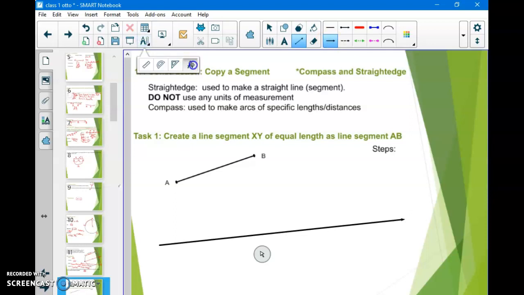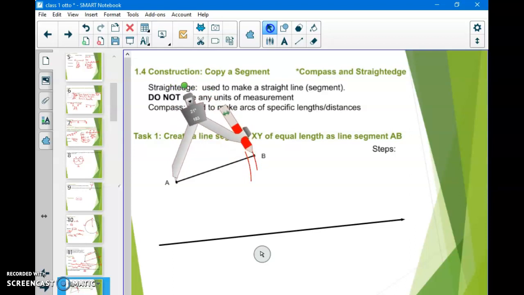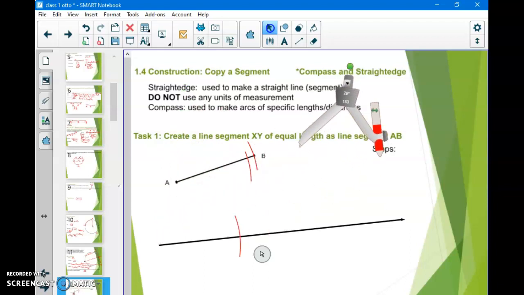Then I'm going to use my compass to measure the opening here, and I can throw an arc there to make sure that my measurement is correct. So there's my measurement. I'm going to take that and put it here. We don't use rulers to measure stuff. We use compasses to make the same length. So I'm going to label this XY.